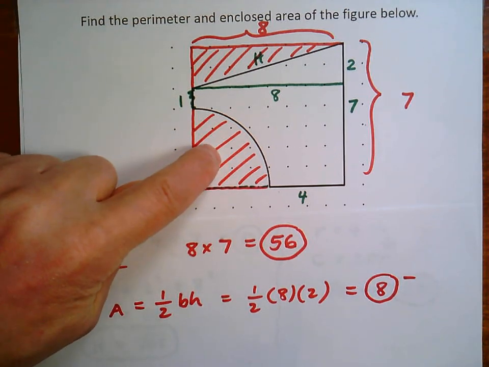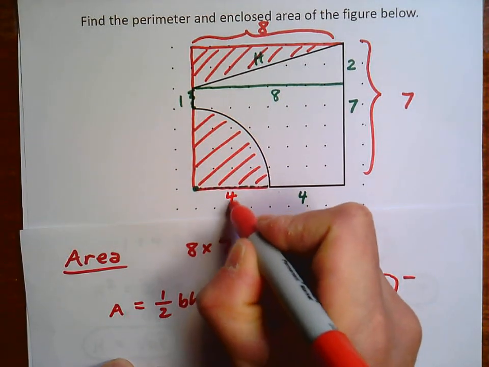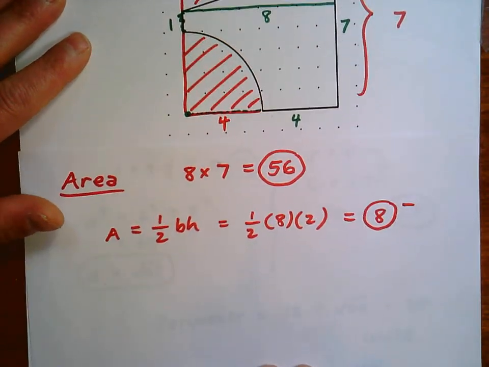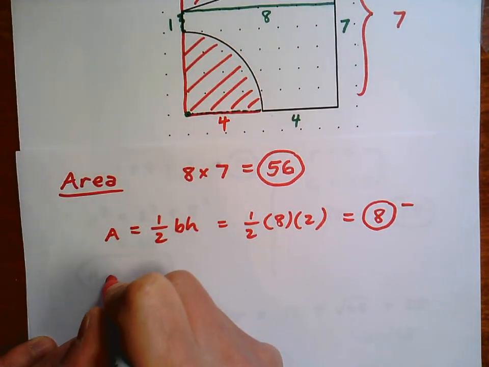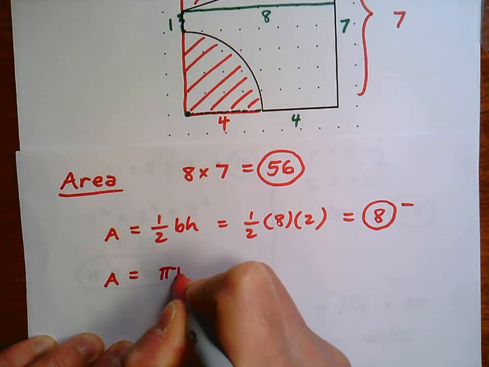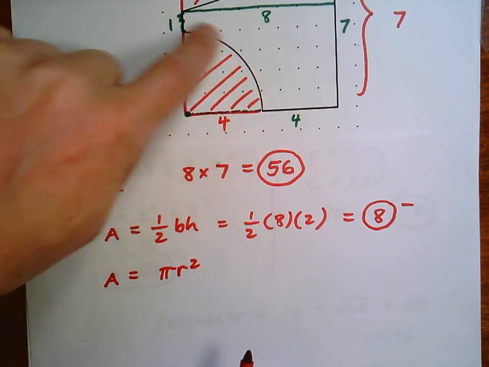And then over here, this will be 1/4 of the area of a circle, and we can tell that the radius, right, is going to be 4. So again, this is stuff that we're going to use from the lab that we had earlier. So if you want to get the area of a circle, this would be pi r squared, right, that second derivation that we did. But here we want 1/4 of it.